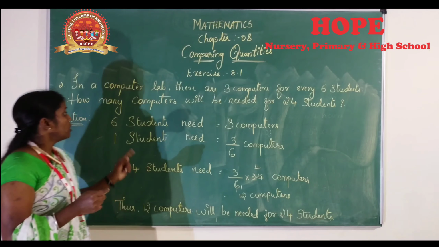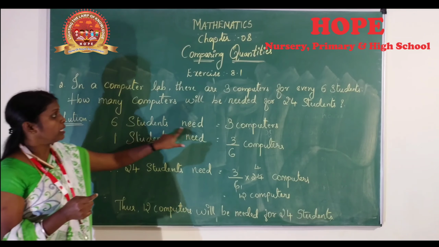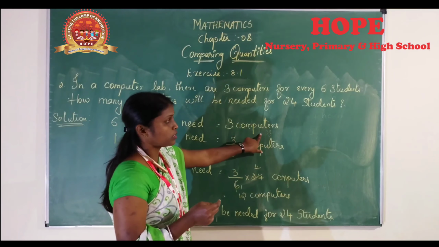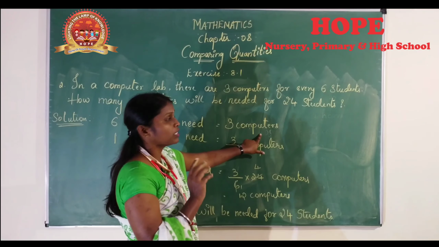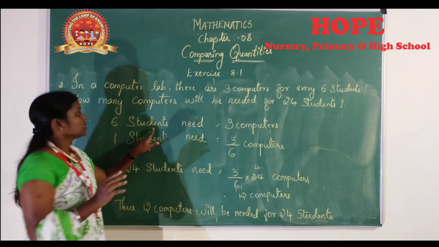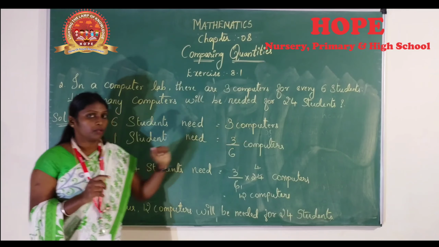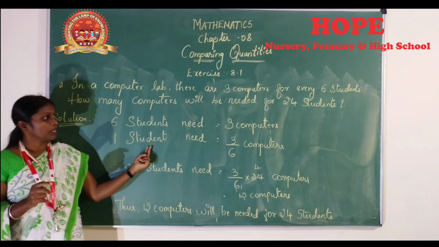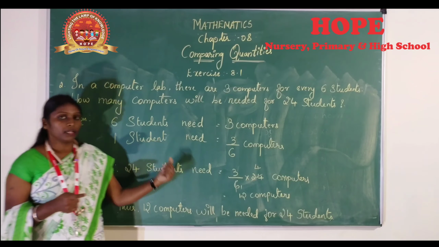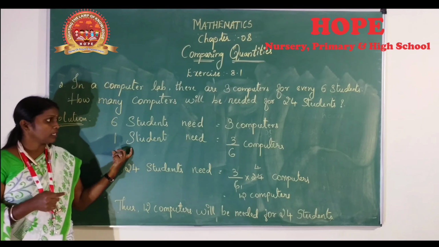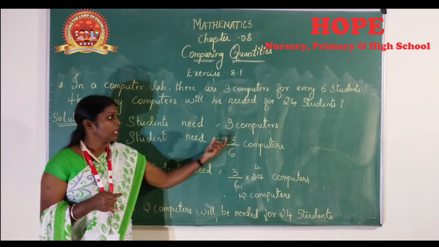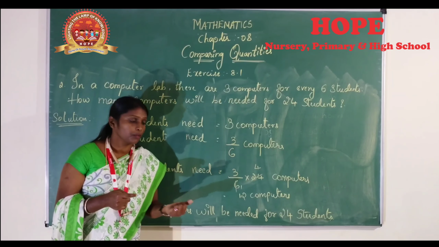As the data is given in the question, 6 students need 3 computers. For 1 student, how many computers are required? 3 by 6 computers.